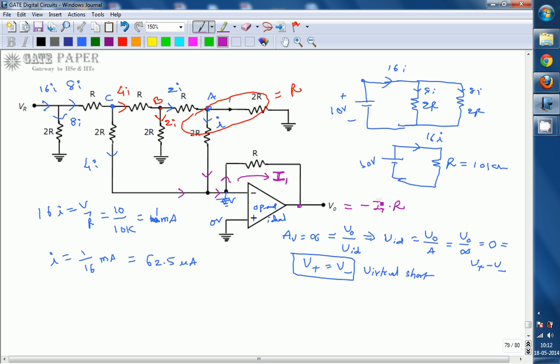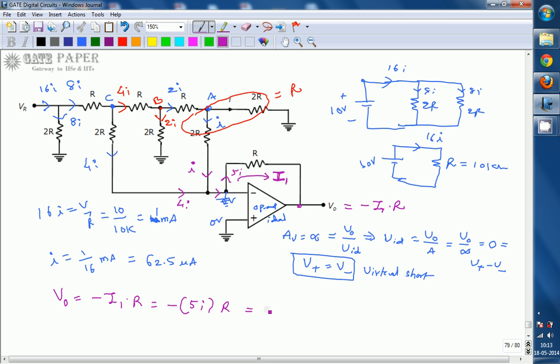So V0 is equal to minus I1 times R, and I1 is nothing but the current flowing through this branch, that is I. Current flowing through this branch is I, and current flowing through this branch is nothing but 4I. So the total is I plus 4I, which is nothing but 5I. So this can be written as 5 times I into R.